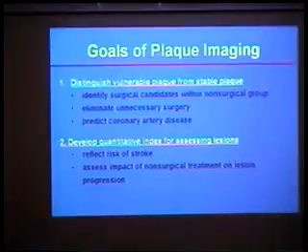The goal of our research has been in two areas. One is that we're interested in distinguishing vulnerable plaques from stable plaques. So-called vulnerable plaques are the plaques that are likely to rupture, and those are usually the ones that cause symptoms.